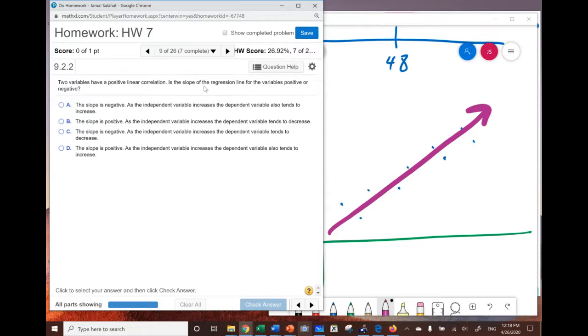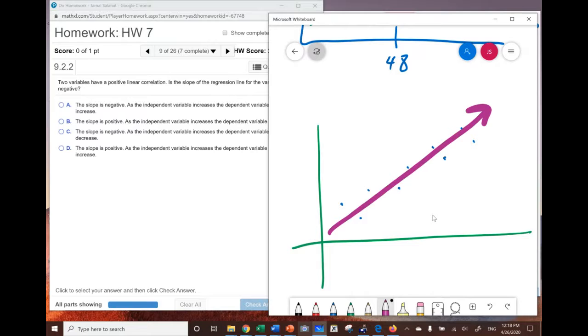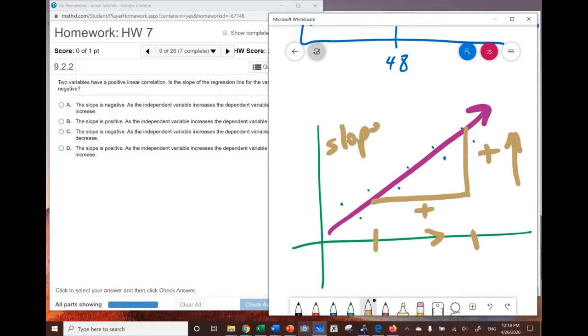Is the slope of the regression line for the variables positive or negative? From algebra, by definition, slope is rise over run. Because the line is going up, the slope will be positive, because the rise will be positive and the run will be positive. When you go from here to there, we are moving in the positive direction, and when you go up, we are going in the positive direction. A positive over a positive is positive. Therefore, the slope is going to be a positive number.